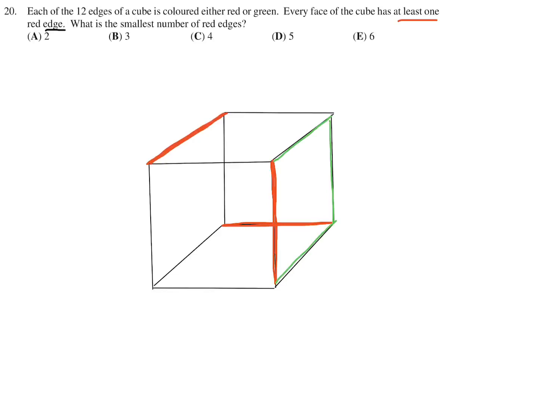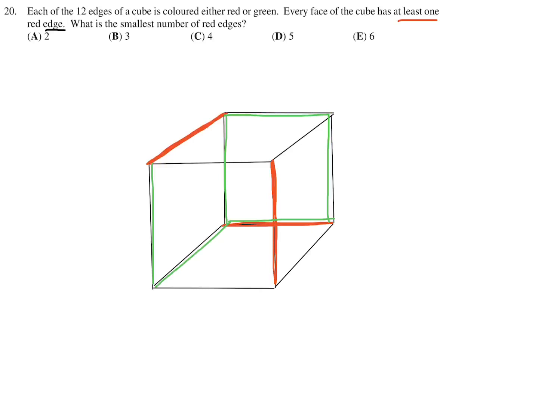Now what about this one on the side? Yep, it certainly does. How about this one? It also does. And then the last 2 faces, this one back here, yes, the bottom will be a red edge. And then finally, this one on the side, that also has a red edge at the very top.